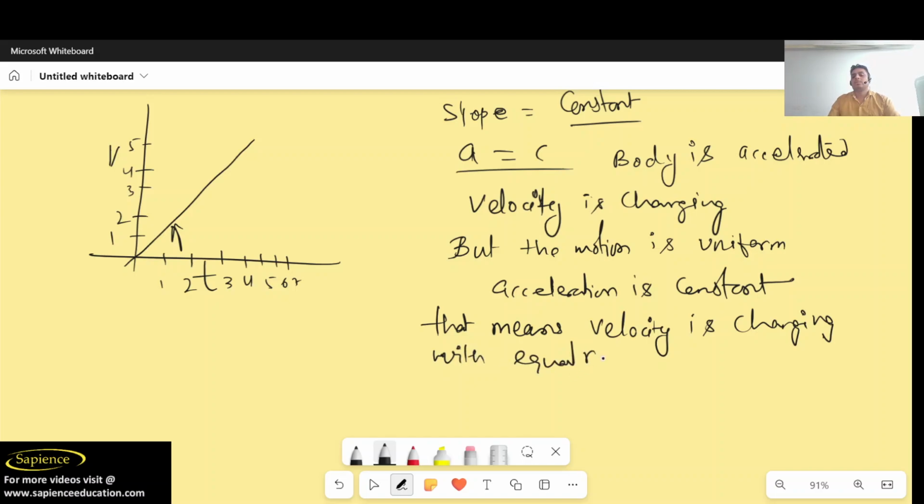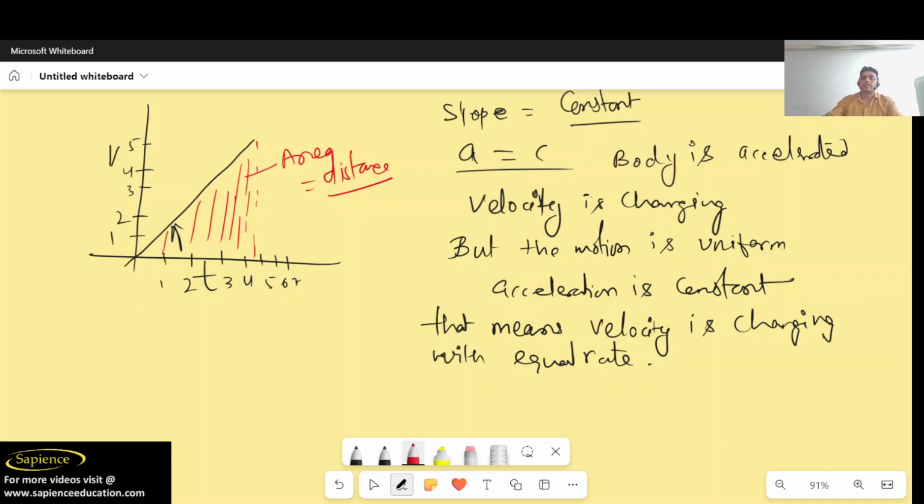Okay, equal rate. Understood? Now if you want to find area, then how you will find area? So you need to draw a curve on area under this curve. So if you have to find area under this curve, so this area will be equal to distance. So you have to do these things in numerical also. If you want to do numericals, then you will be able to understand.